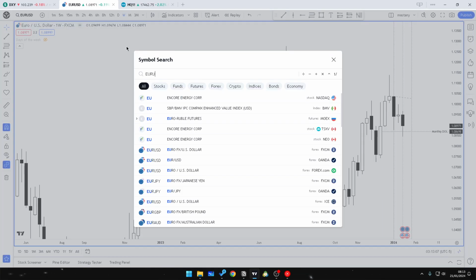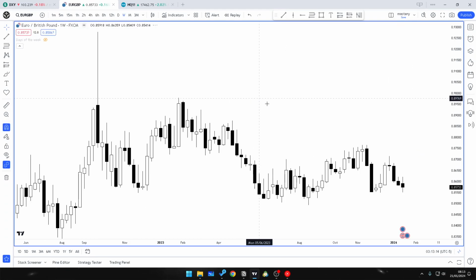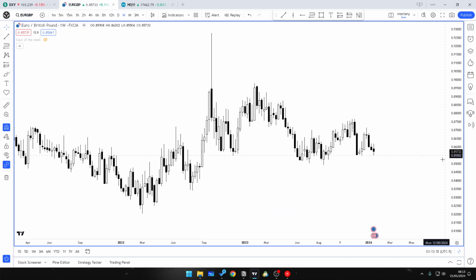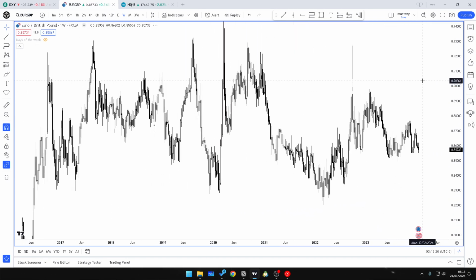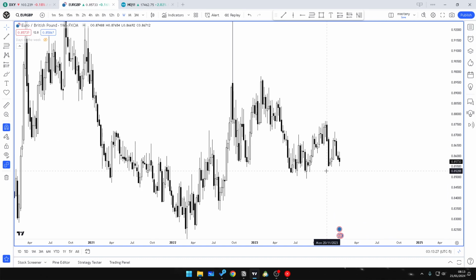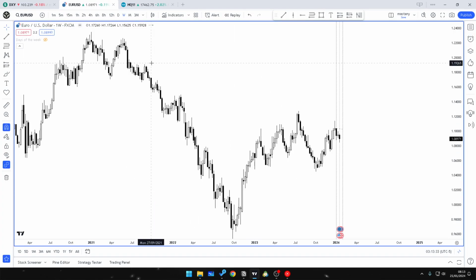If I check Euro GBP, it's possible to see some crazy movement at that time, but I'm not going to mention it because I never check Euro GBP.